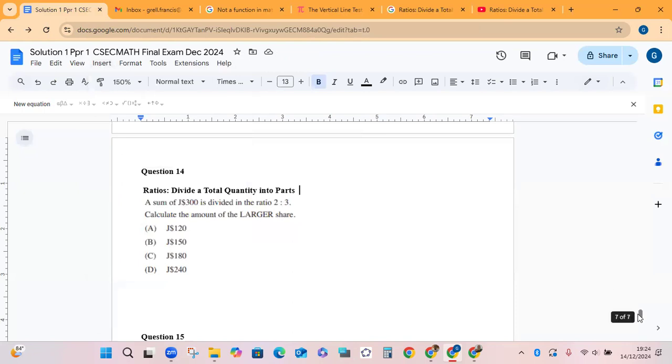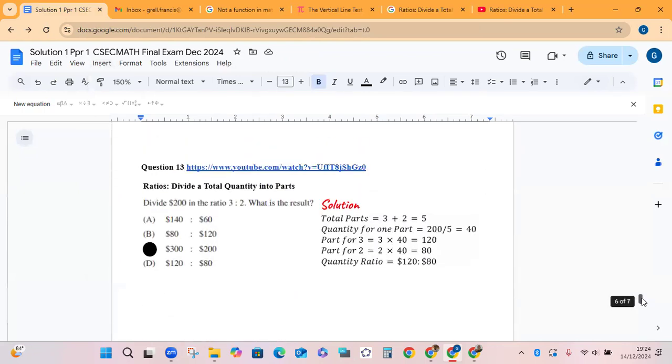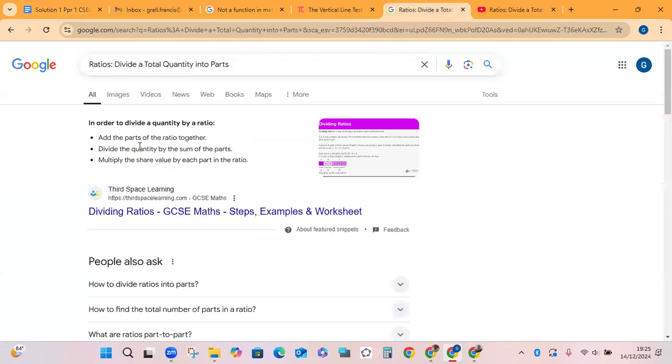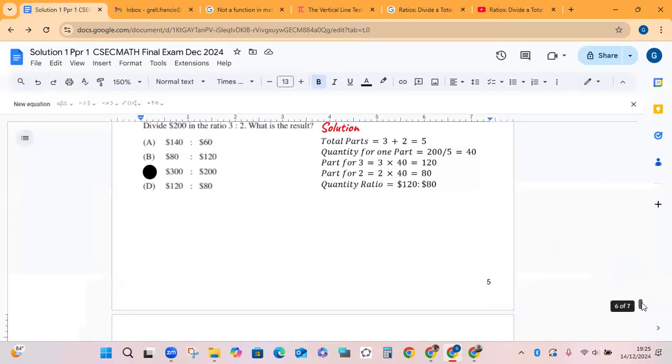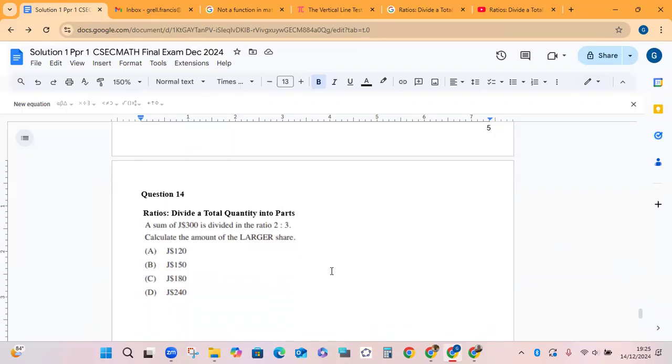But also to maintain consistency, we can look at what we did: find the total parts, find the quantity for one part, and the quantity for 3 parts, and for 2 parts. Add the parts of the ratio together to find the total parts. So we're simply just going to repeat that 3-step process.